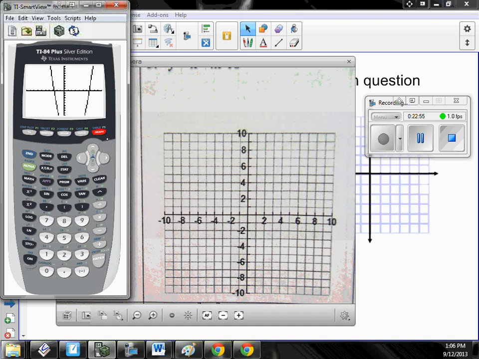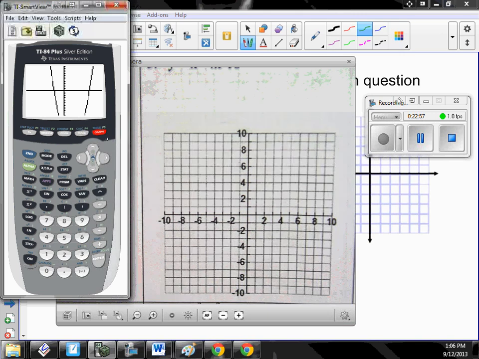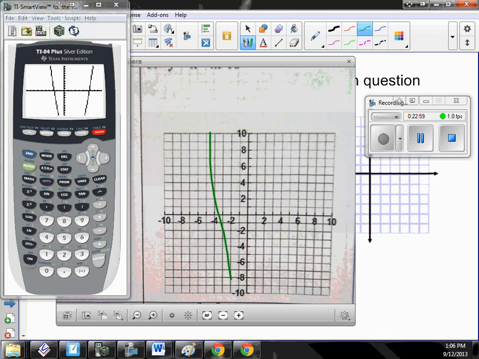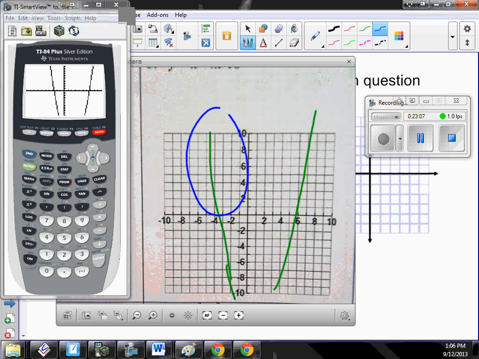So if I were to draw this graph, it comes down through here, and it goes off the page, and then comes back up around there. So here is a positive version, and here is a positive version. And again, remember, we're not looking at going up and going down. We're just looking at above the x-axis and below the x-axis. And then this group down here is negative.